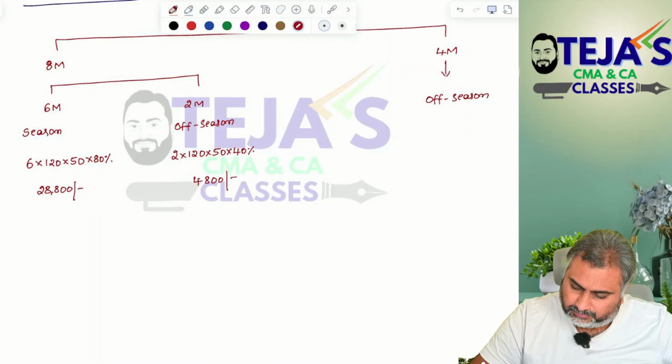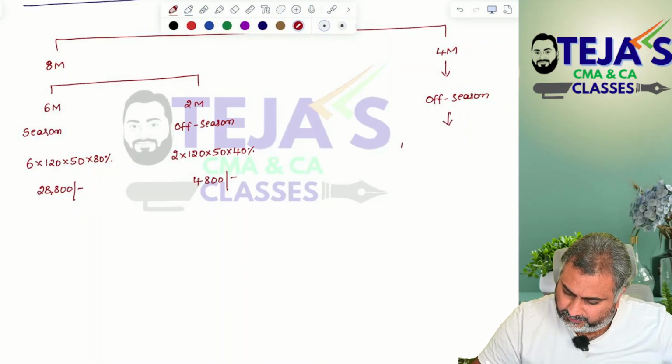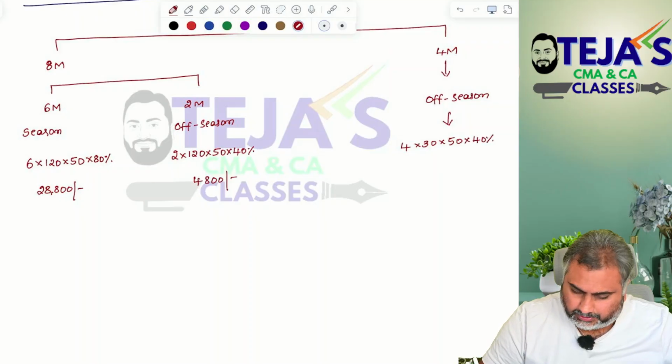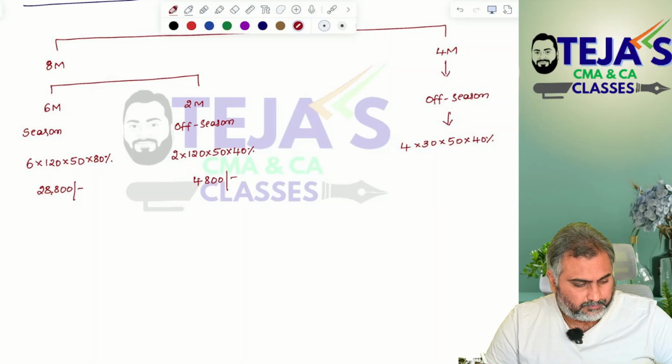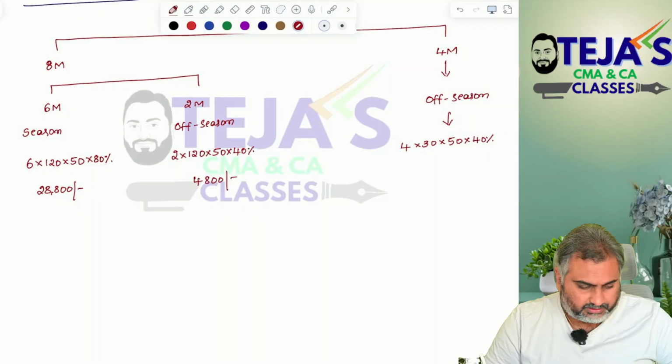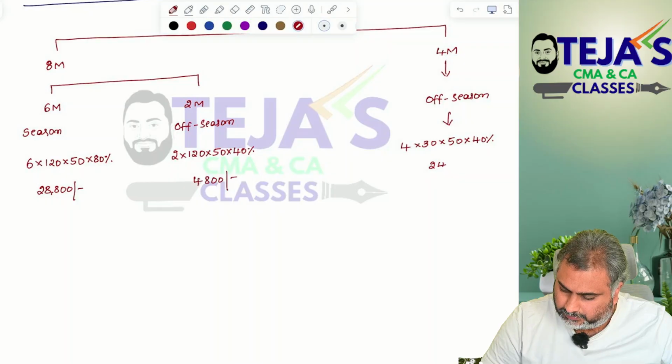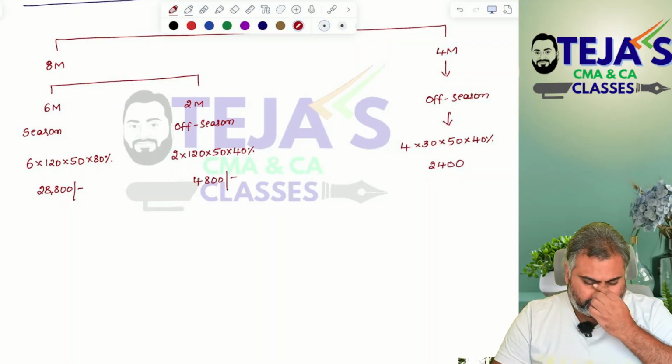Next, the off season point of view: 4 months at 30 per month, 50 rooms into 40% occupancy. 4 into 30 into 50 into 40%, that is equal to 2,400.